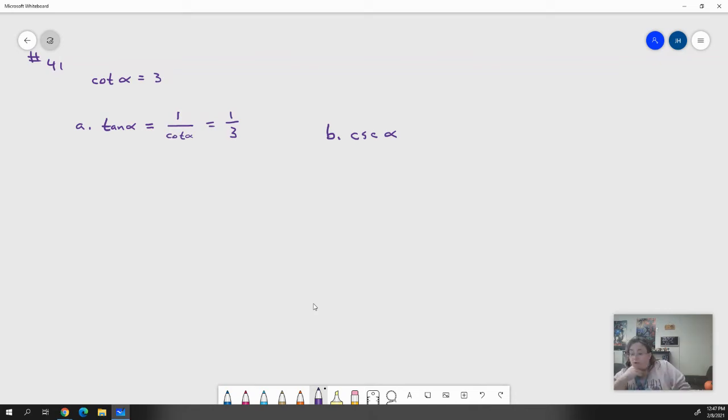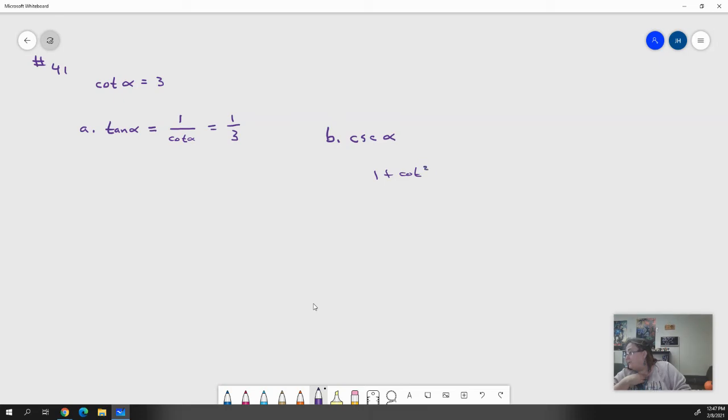And for us, the one that works would be one of our Pythagorean identities that says that 1 plus cotangent squared of theta equals cosecant squared of alpha. We're using alpha, right?